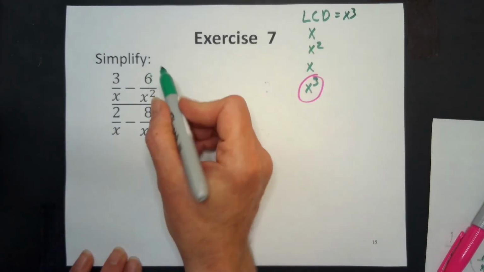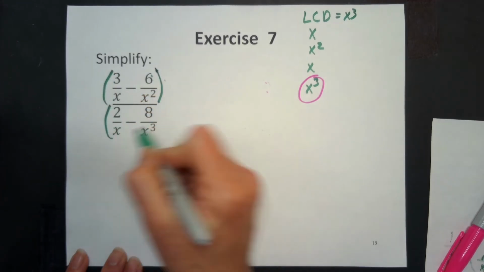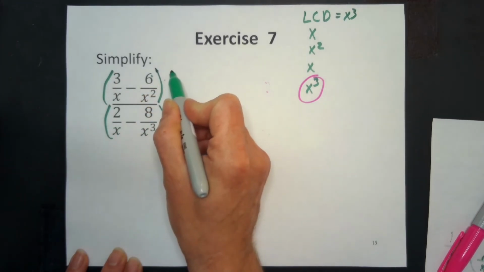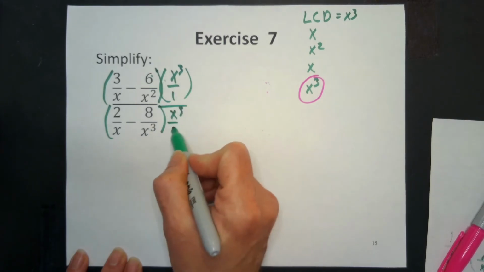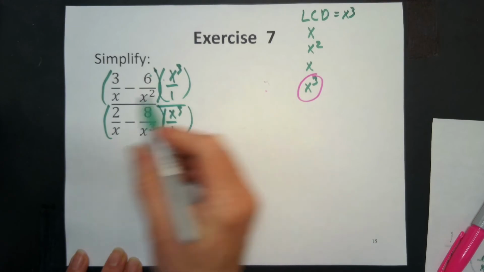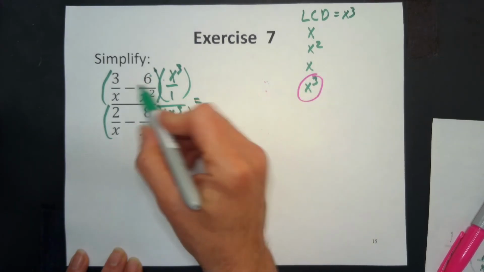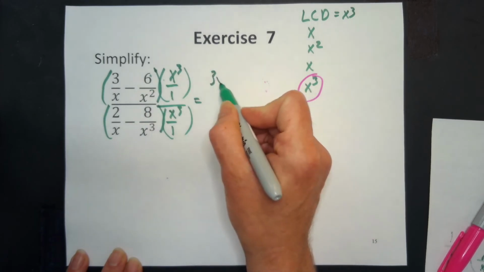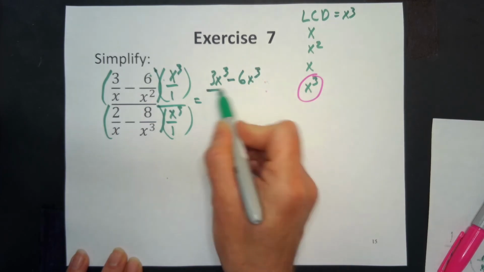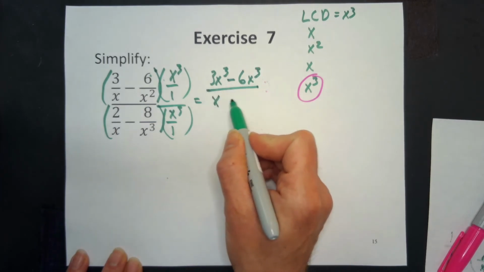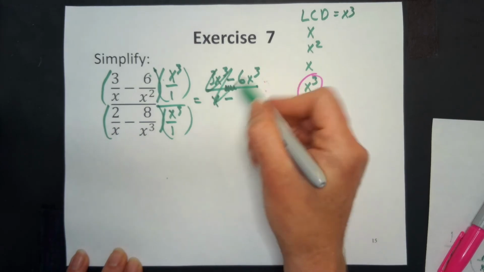So I'm going to multiply top and bottom by x to the third over 1. Once again, you don't have to put it over 1. I just do it so all my fraction bars line up. It's easier to see, easier to keep track of things. So let me rewrite that.